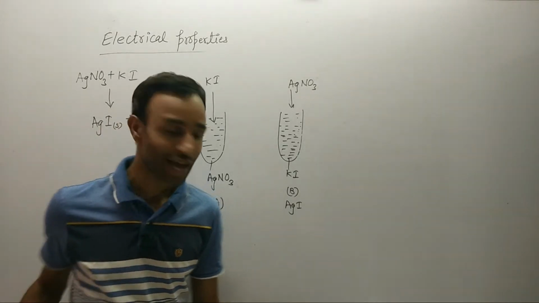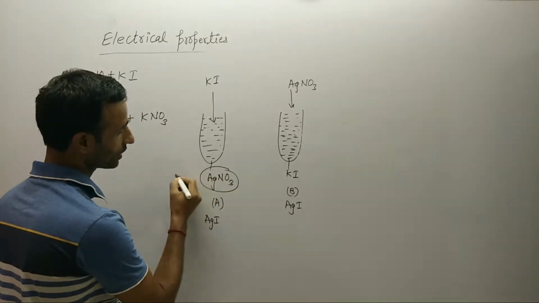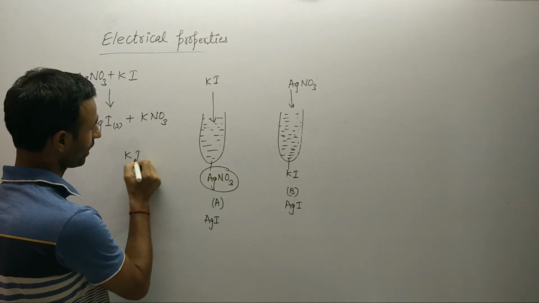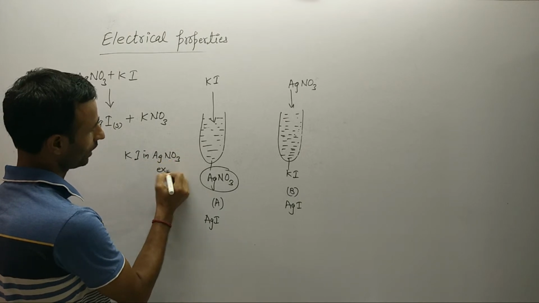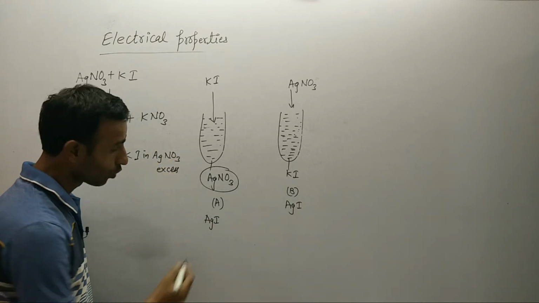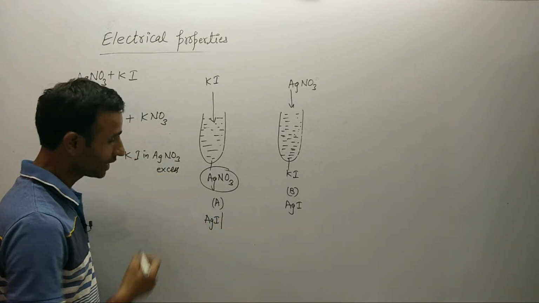That's right. Actually, in this case, AgNO3 is in excess. It can be written as AgI in AgNO3. So AgI adsorbs either positive charge, Ag+, or I-.